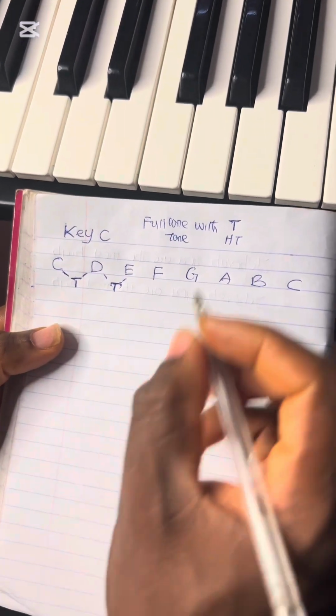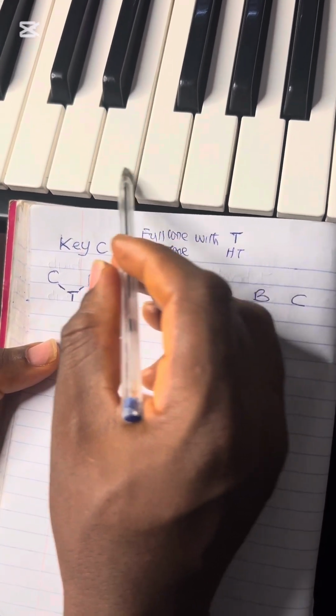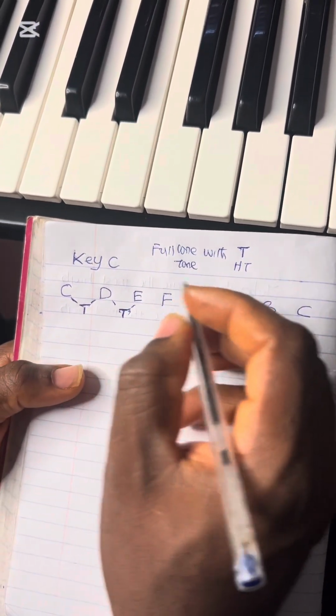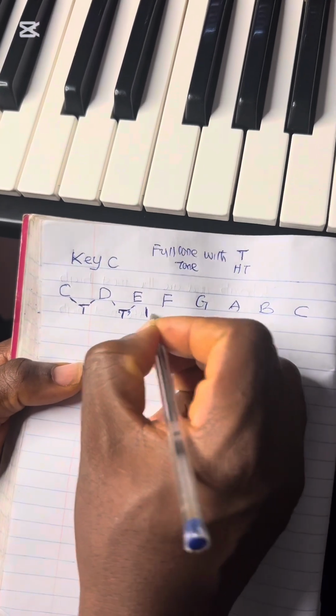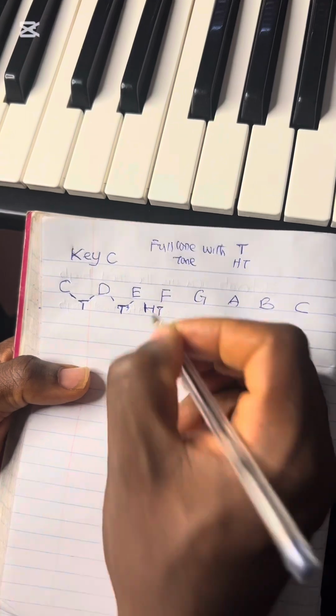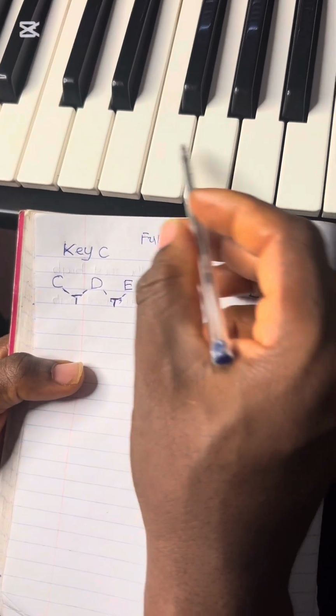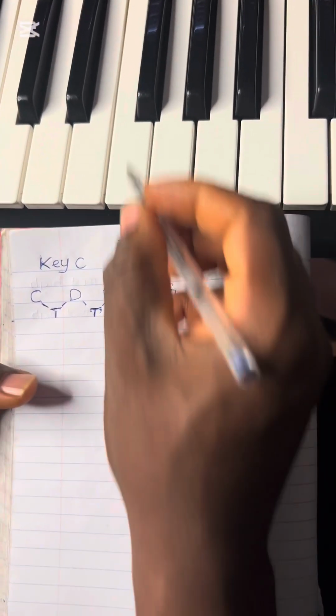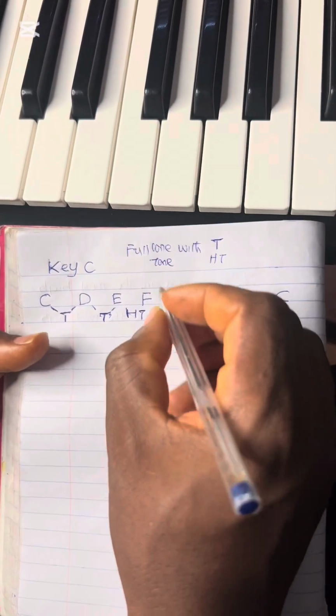T here. Now, from E to F, it's not a full tone, it's a half tone. So let's represent it with what? HT. From F to G, we are jumping one, and it's a full tone.